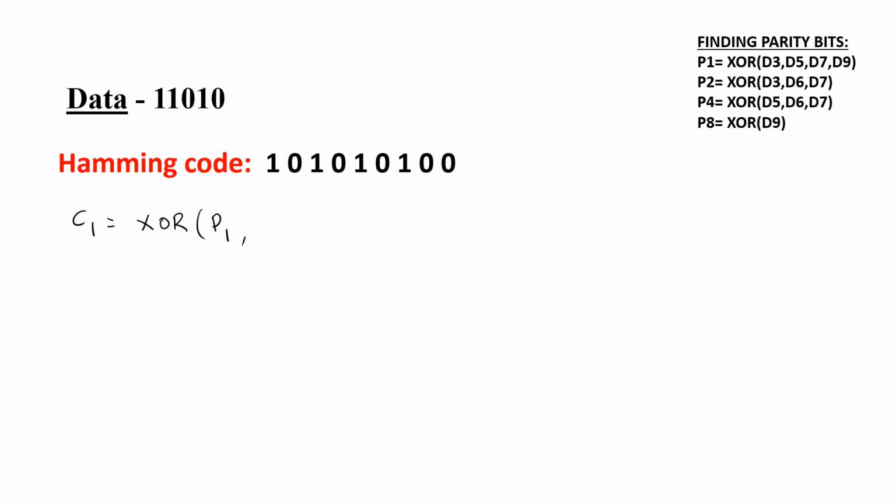So C1 includes the parity bit P1 and the data bits D3, D5, D7 and D9, and it finds the XOR of these. Here this represents P1, this is P2, D3, P4, D5, D6, D7, this is P8, this is D9.